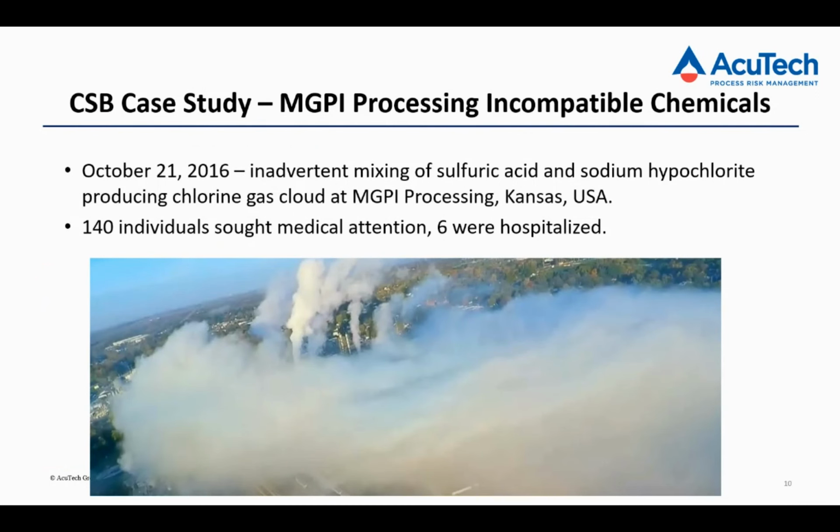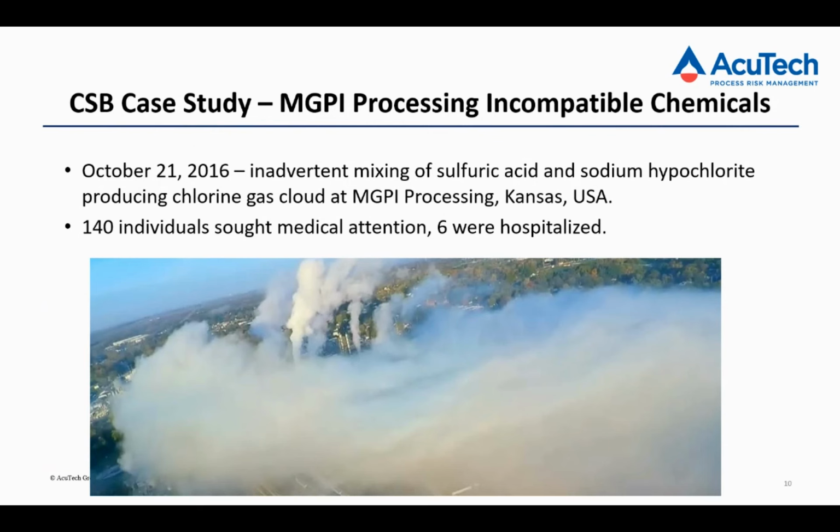Now I'd like to spend some time on the event that we talked about at the start. This is at MGPI Processing in Atchison, Kansas. MGPI Processing processed grains, and they made alcohols, wheat starches and proteins, and other specialty products.